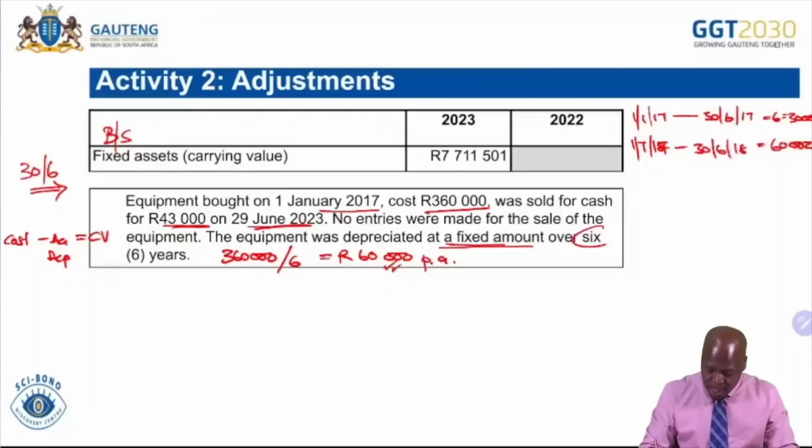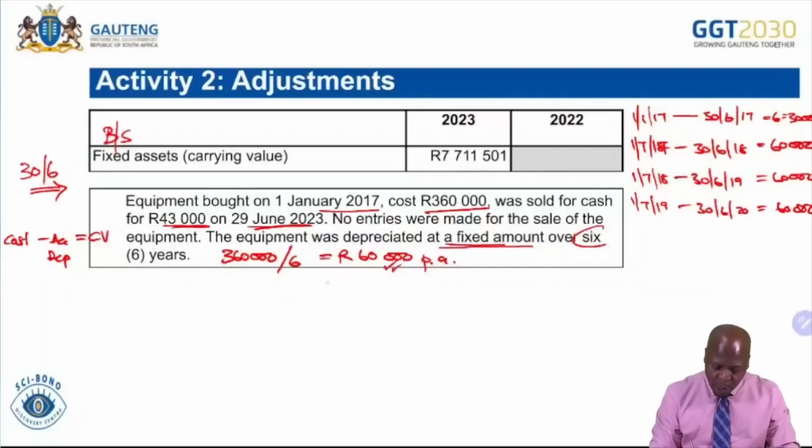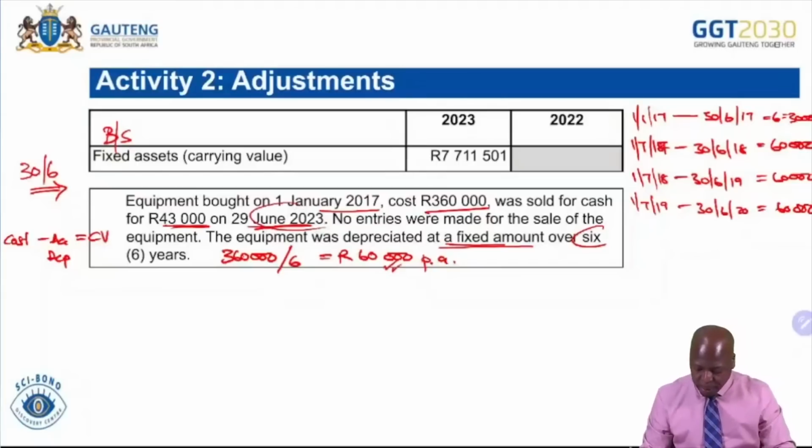Then the year that followed, which began on the 1st of July 2018 until 30 June 2019, it was 12 months, so it lost 60,000 again. Then the following year, which began on the 1st of July 2019 until 30 June 2020, it lost again 60,000. Remember when we sold it? We sold it on the 29th of June 2023. That's where we are going.